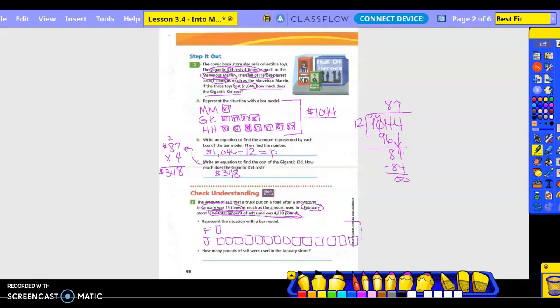And then we'll have a bracket that holds all of it. And what was our total? 4,230. So now we're going to take 4,230 and do what? Divide by 15.